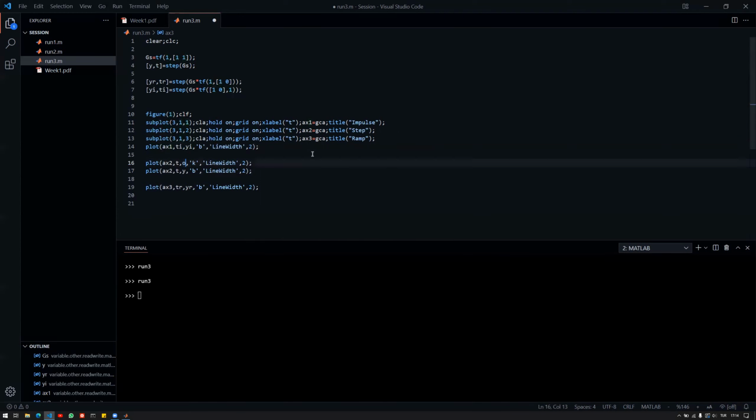What I can do is I can again copy the size of t and generate a vector with 1s in it. And here, I don't really have to do much. I can just go ahead and use tr and tr because unit ramp is y equals x or y equals t. So let's have that.